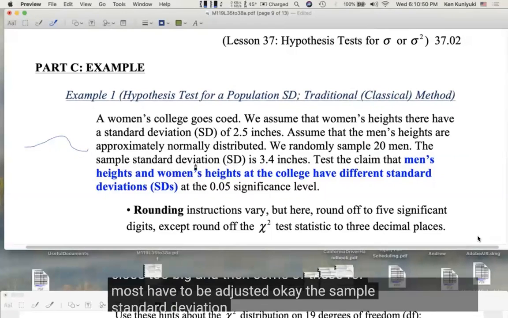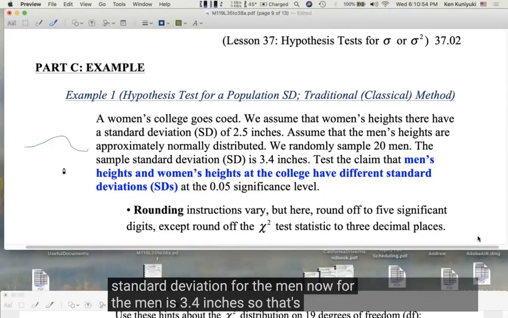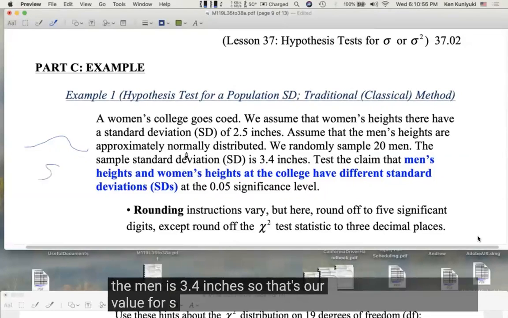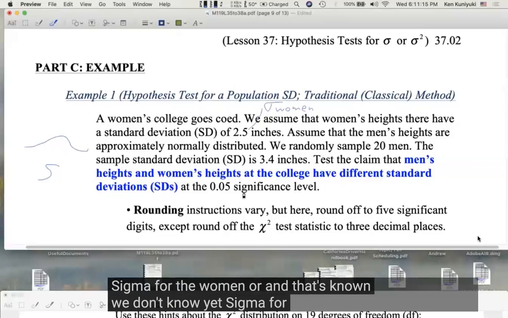Okay, the sample standard deviation for the men is 3.4 inches. So that's our value for S. Now, this is sigma for the women, right? You could think of this as sigma for the women. And that's known, but we don't know yet sigma for the men, right?